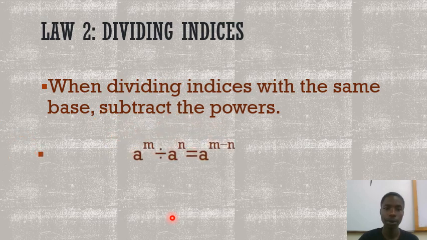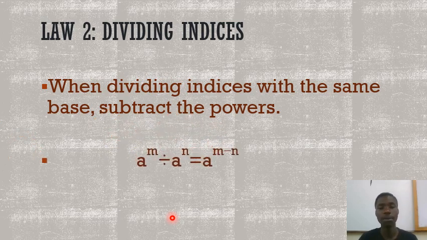For example, a power m divided by a power n will give us a power m minus n, because using division, we subtract the powers. Here we see there's a subtraction sign, and m is minused by n because of the division of indices. Remember, the base must remain the same.